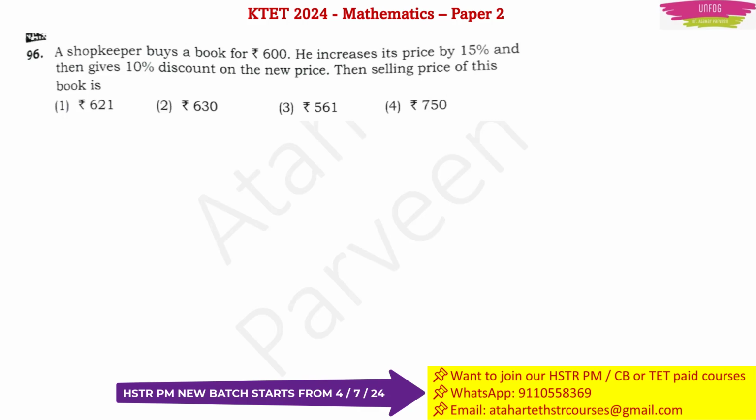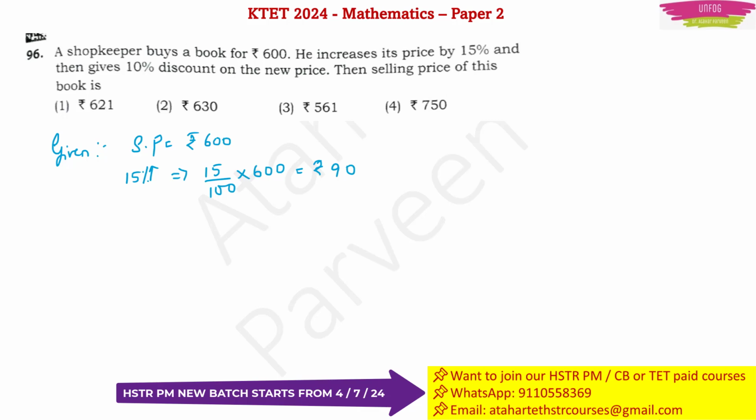Next question. The question is, a shopkeeper buys a book for rupees 600. He increases its price by 15% and then gives 10% discount on the new price. Then selling price of this book is. So here they are giving the price initially which is 600 rupees. Then the shopkeeper has increased the price by 15%.